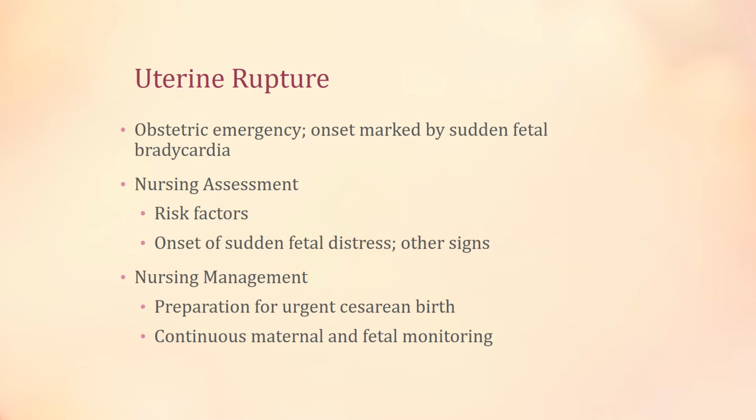We need to know what the risk factors are, especially if she has a previous C-section, a classical incision. She is at risk for uterine rupture if she goes into labor, and so we need to know that and we need to prevent that.